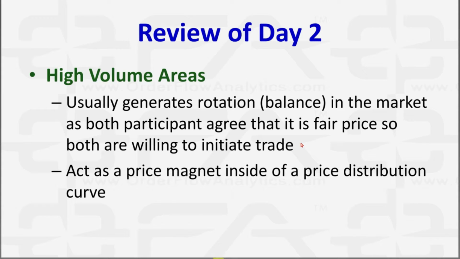Okay, act as a price magnet inside the price distribution curve. So when you have a fairly orderly distribution, and this will come into play in August on the ES, your volume profile gives you a really nice bell-shaped curve. And the ES is trading within 5 points. You want to look at taking shorts from the top and longs from the bottom.